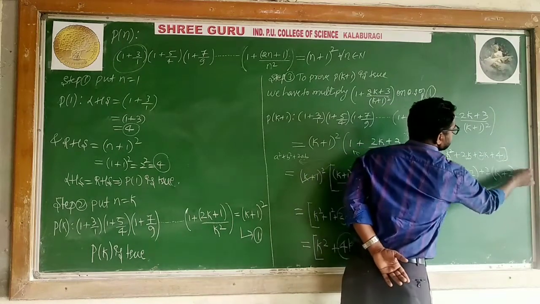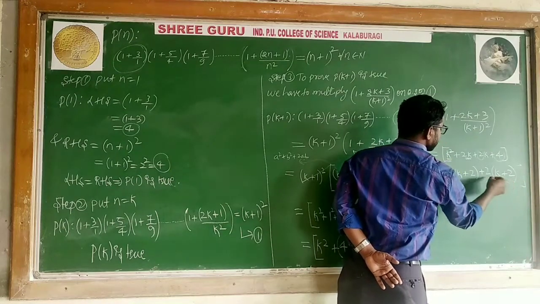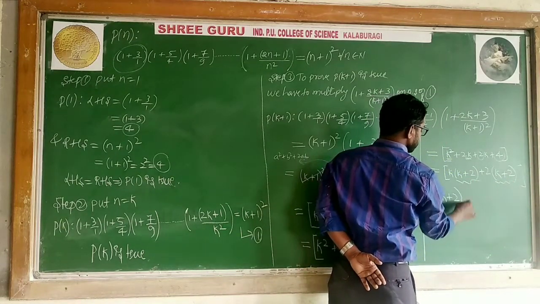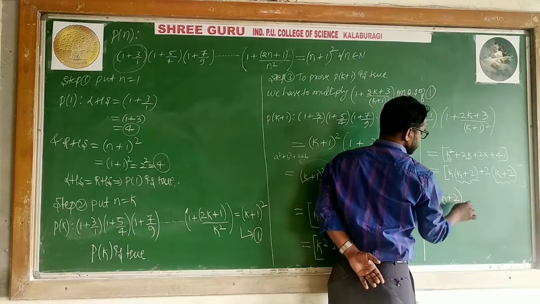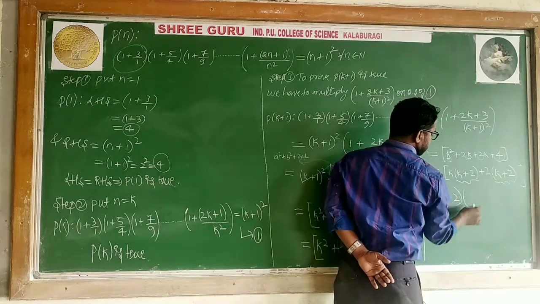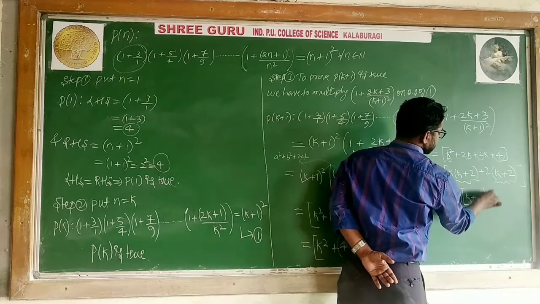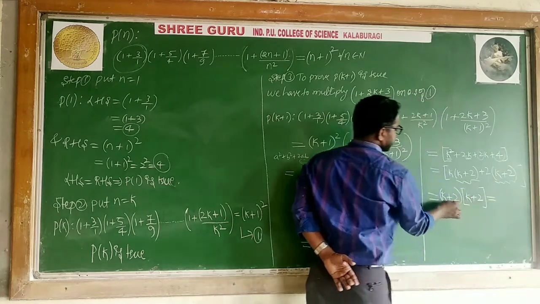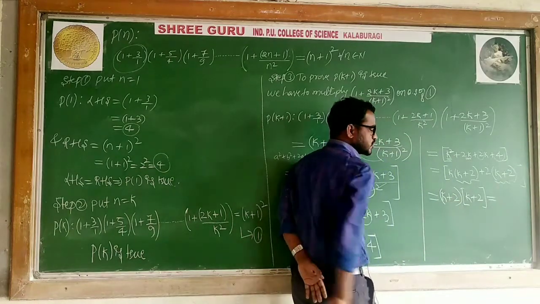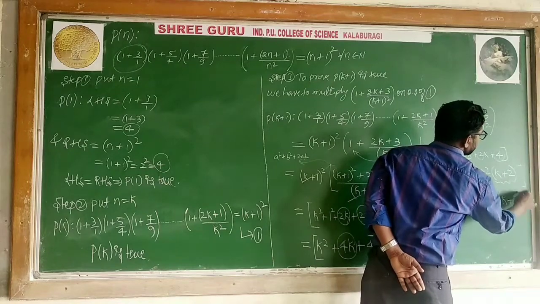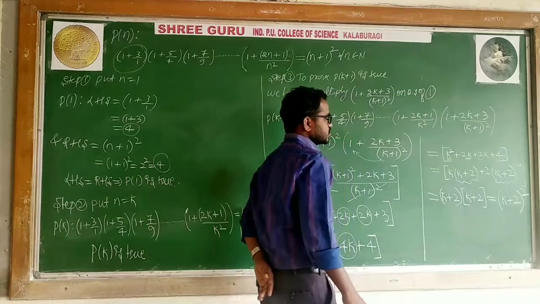Now (k plus 2) is common. (k plus 2) into (k plus 2) is the same; bracket into bracket is bracket square. So we get (k plus 2) whole square.